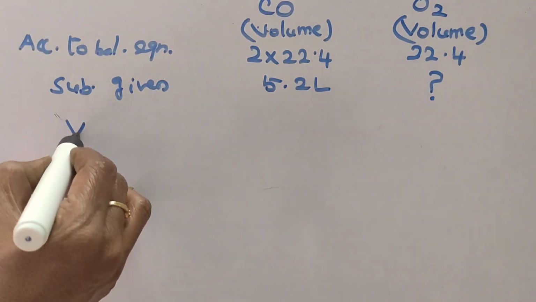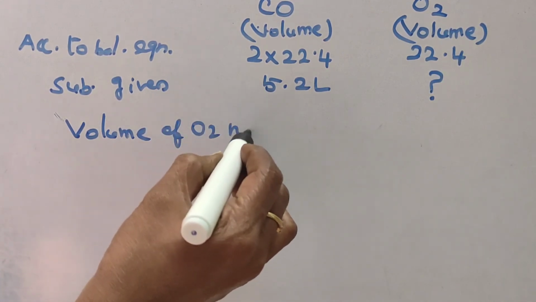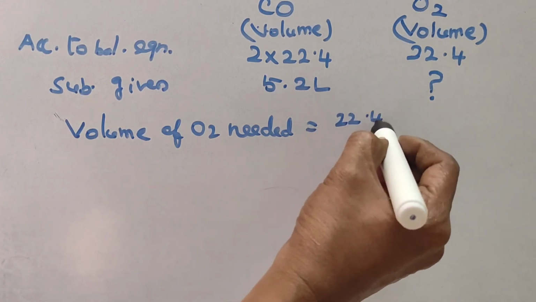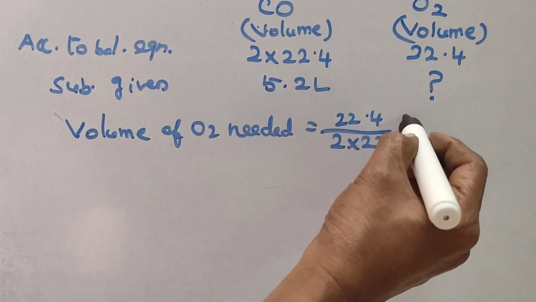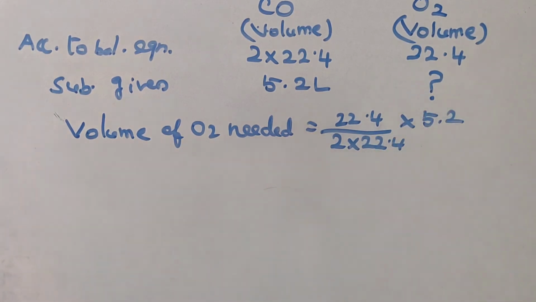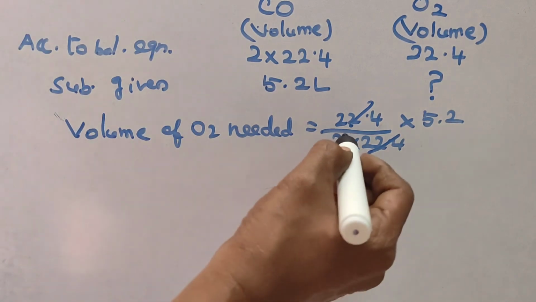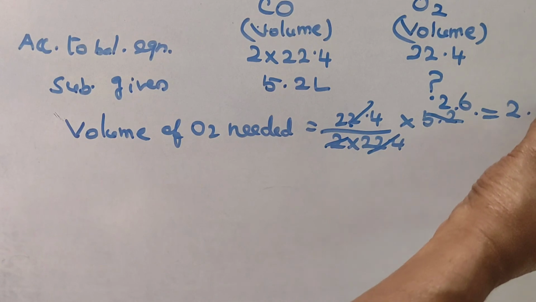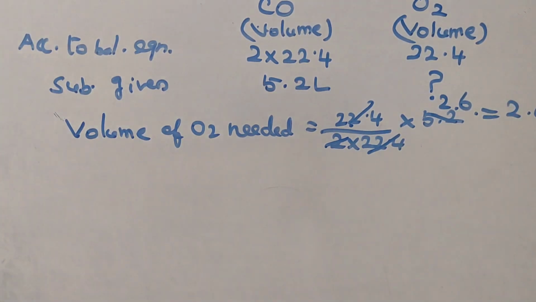Volume of oxygen needed equals 22.4 by 2 into 22.4 into 5.2. 22.4 cancelled. 2 here, 2.6. So 2.6 liter of oxygen is needed.